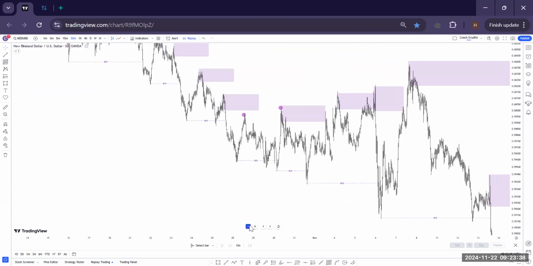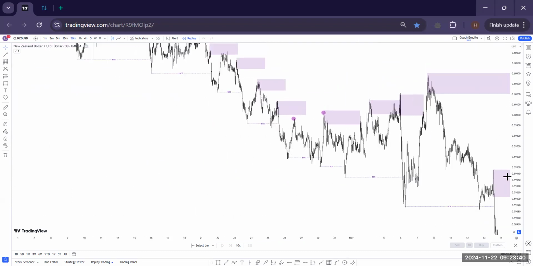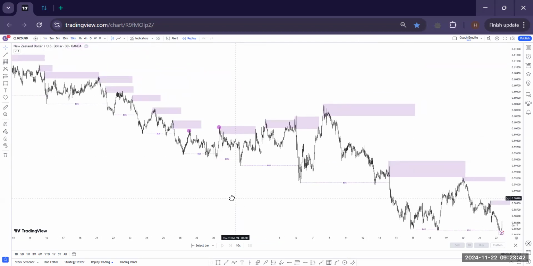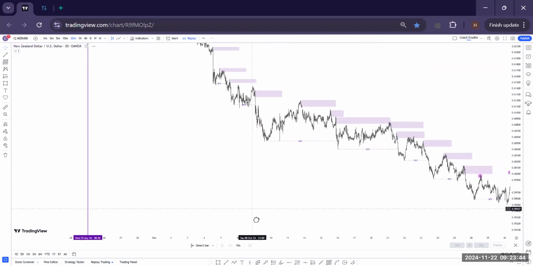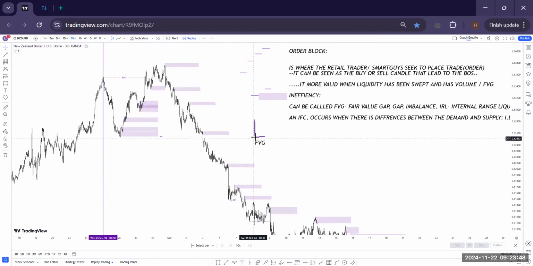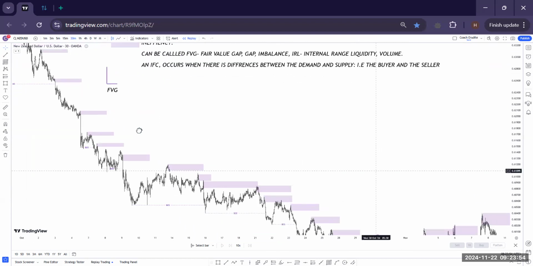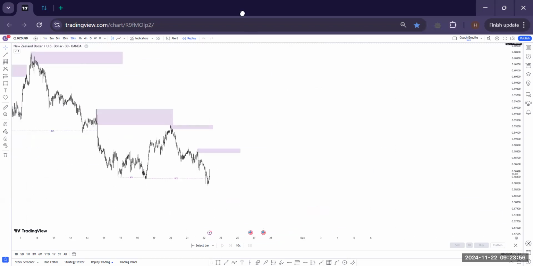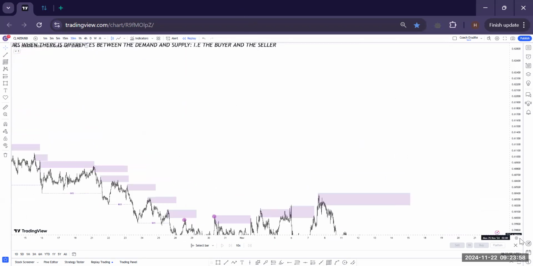Let me zoom. So we started marking our order block from this point. This is where I started from, the current market price, because price has been in a downward direction.